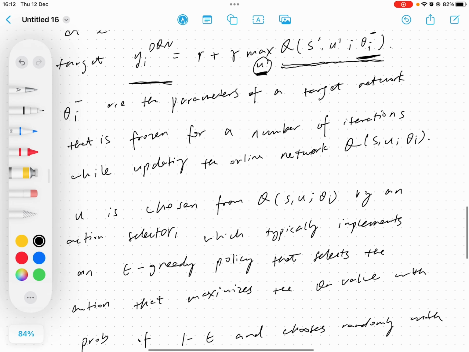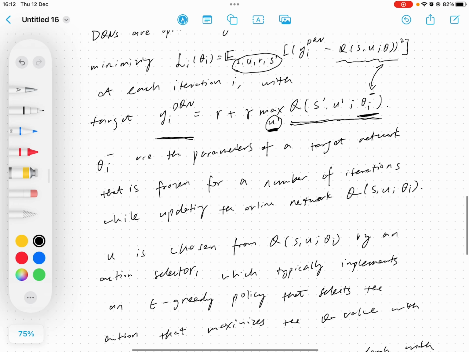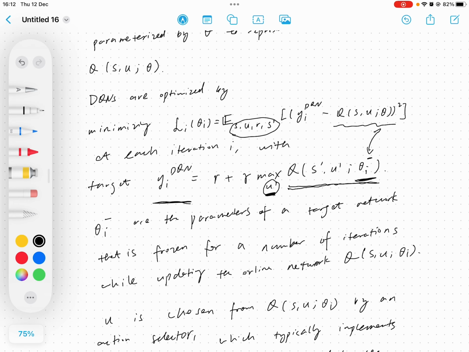All right, so that completes the introduction to the DQN algorithm. Later, if we have time, we could try to show the implementation in code for the DQN. Here, the most important part would be this loss function that the agent is trying to minimize.